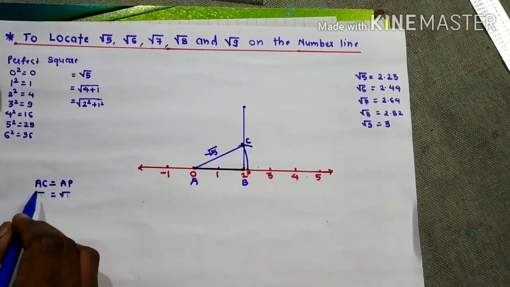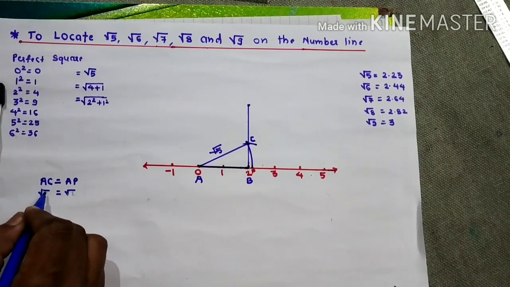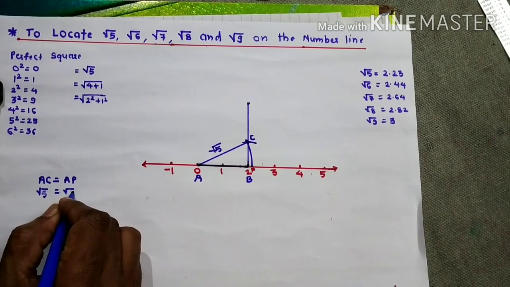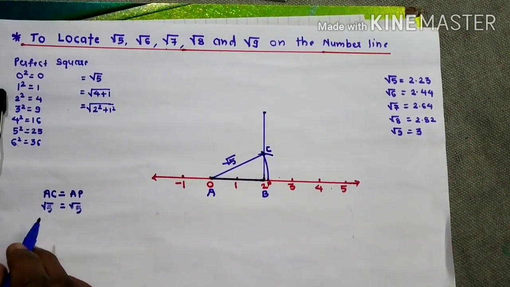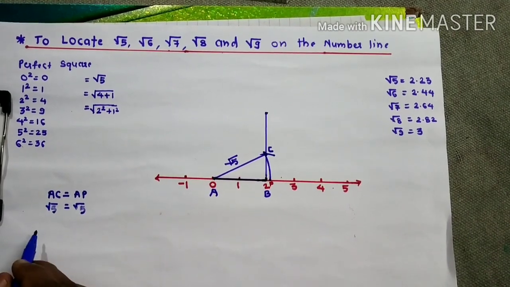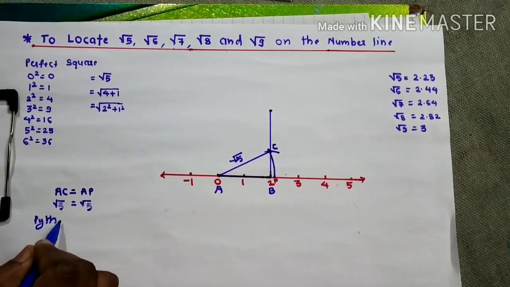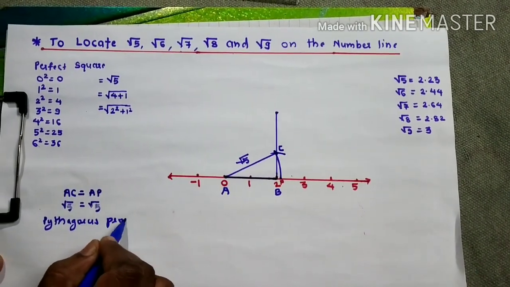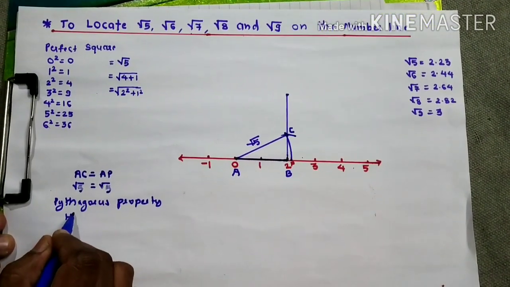The distance AC is equal to the distance AP. So AC is root 5 and AP is also root 5. Let us prove how we get this root 5 here by using the Pythagoras property. So what is the Pythagoras property here?